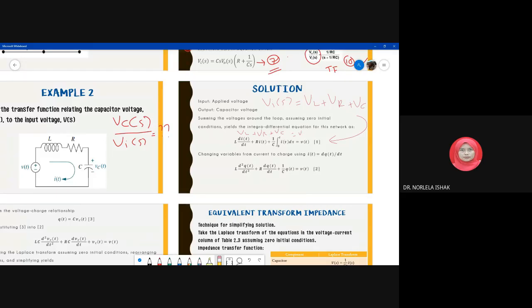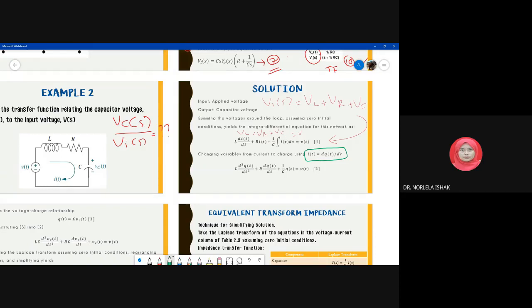Okay, now the second step, you change the variable from current into charge. We replace in equation 1, meaning we change current into charge. So you can get this: current i equals dq(t) over dt.